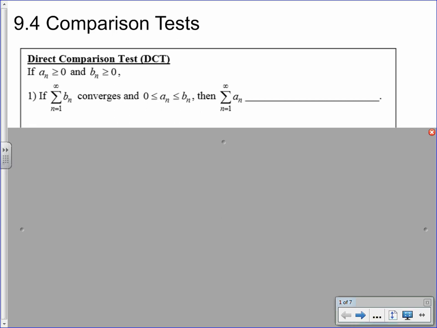If we have one that converges, and it's bigger than the series that we would like to figure out, then it's also going to converge. Okay? It's going to fit underneath the one that already converges, and so it should also converge. Does that make sense? We have a bigger series that is converging, so our smaller series should also converge.